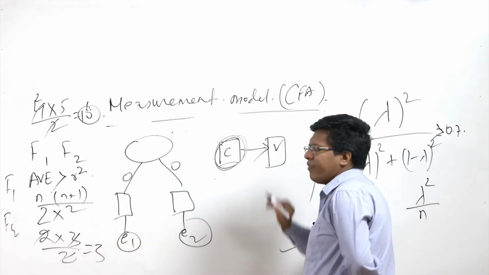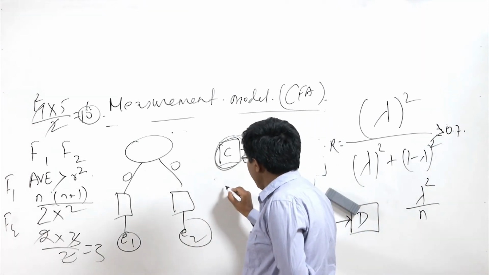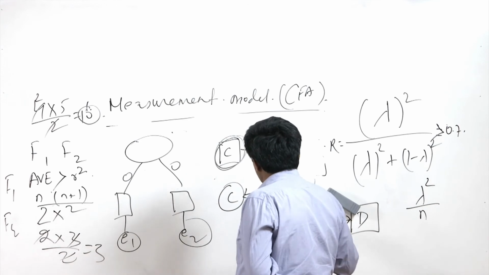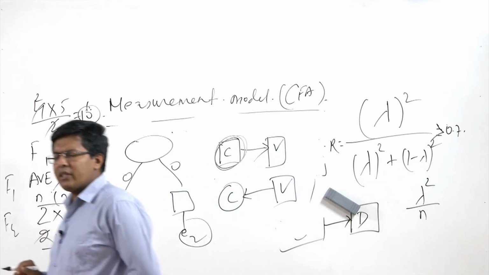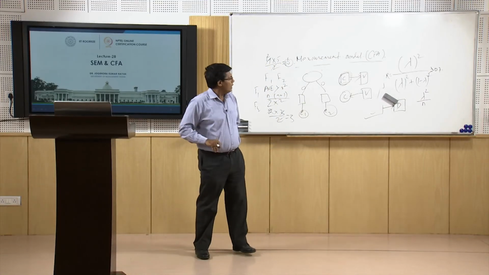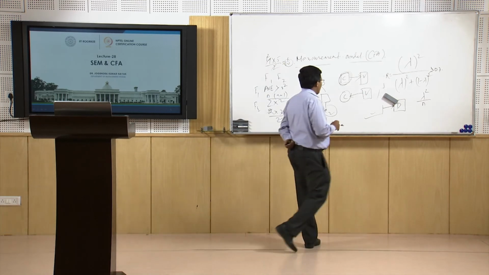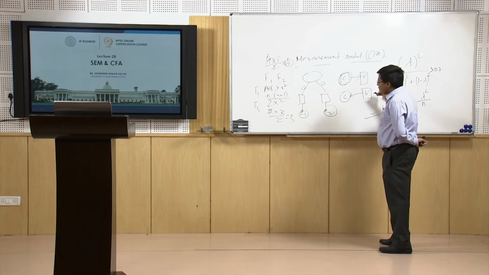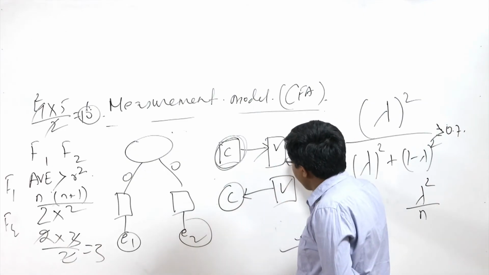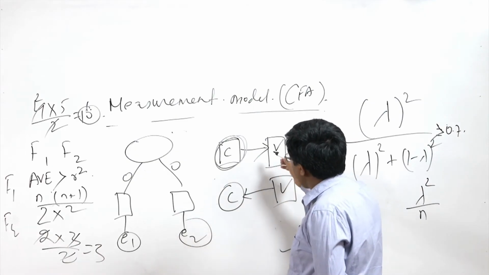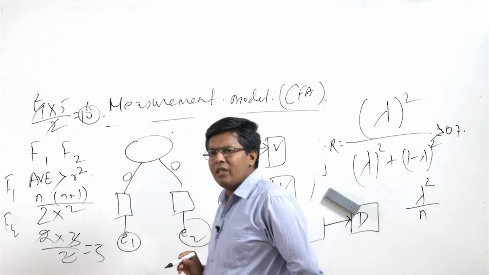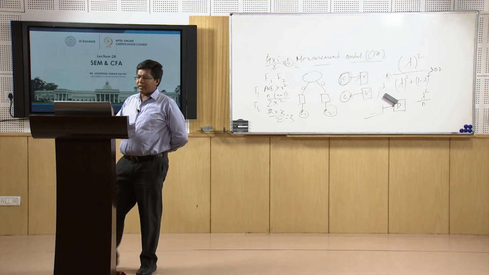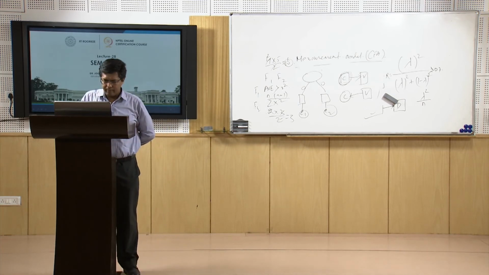C could be affecting V, or it could be that C is getting affected by V. This is a case of a reflective construct, and this is a formative construct. In the reflective construct, the construct is affecting the variable, and in the other case the variable is affecting the construct.